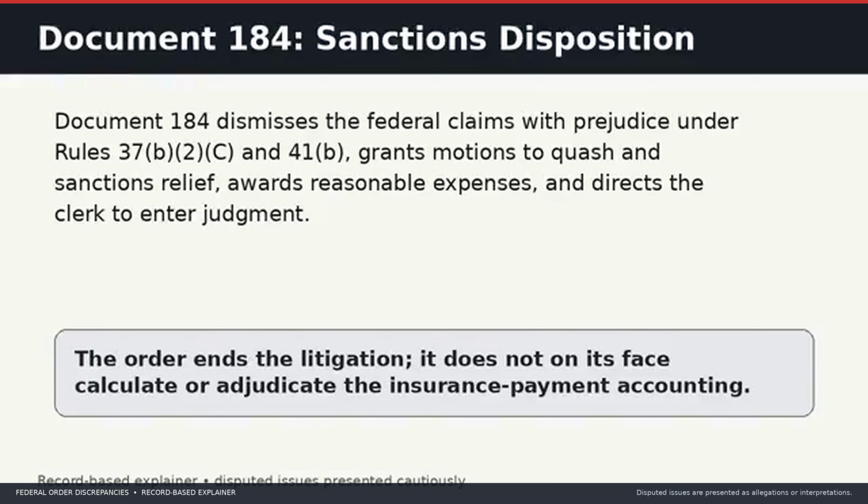The discrepancy arises if that sanction dismissal is later treated as something broader, as though it established the underlying insurance entitlement, payment routing, ownership of proceeds, and complete claim accounting had actually been adjudicated.